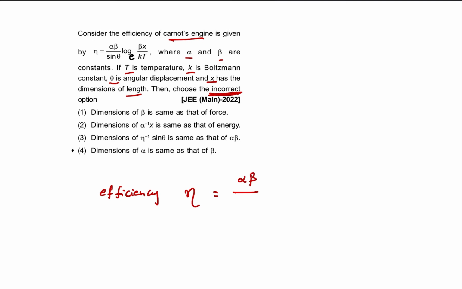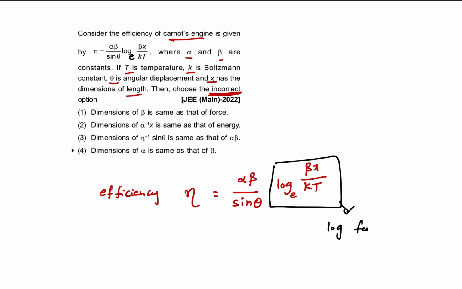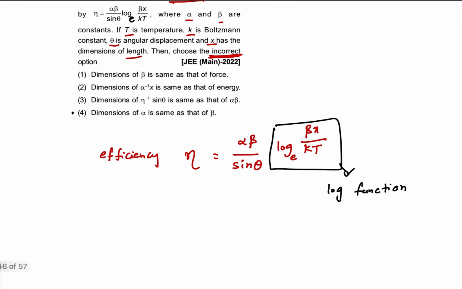Efficiency eta = alpha beta divided by sin theta log base e of (beta x divided by kT). Observe this, this is a logarithmic function. This log function argument, beta x divided by kT, is dimensionless.